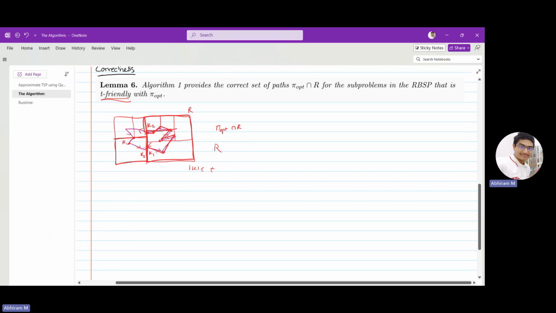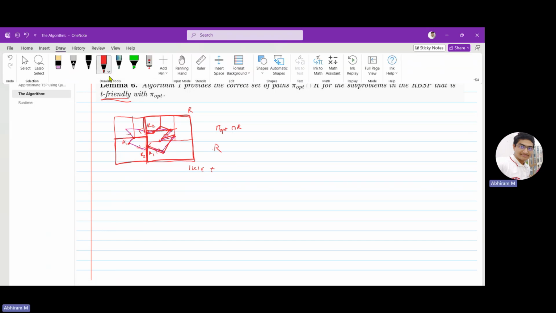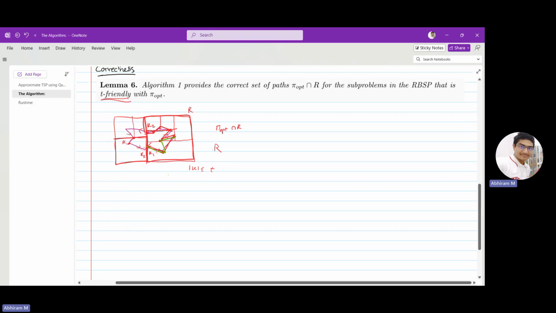Also keep in mind that we're picking the smallest path each time. So if we had not picked this path, that means we found something smaller. Let's take a nice green. Let us say that we found this instead, and we returned this.